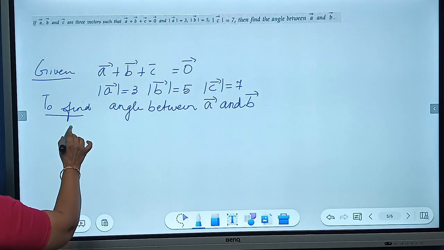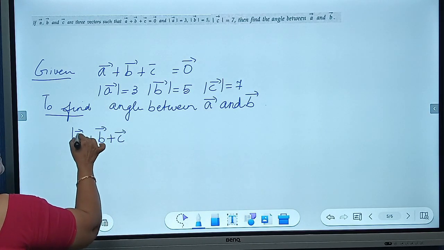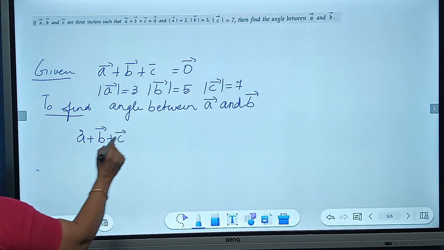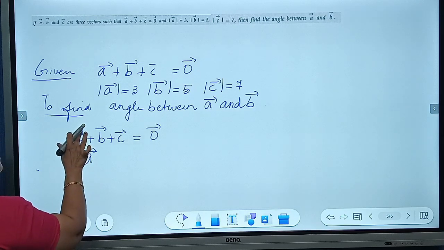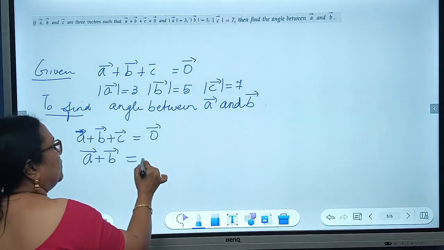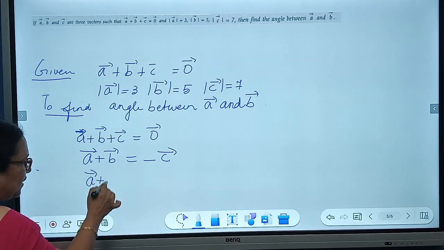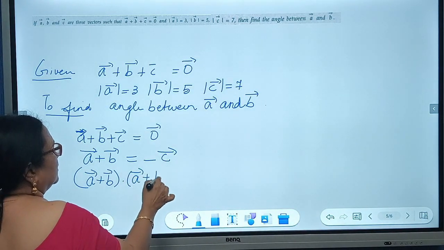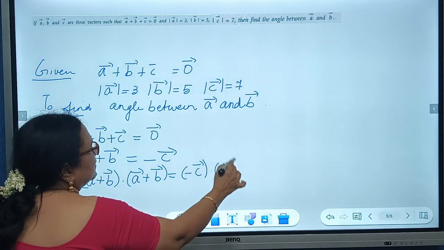Now, you are given a plus b plus c is 0 vector. So a plus b will be minus c vector. So a plus b dot a plus b will be minus c dot minus c.